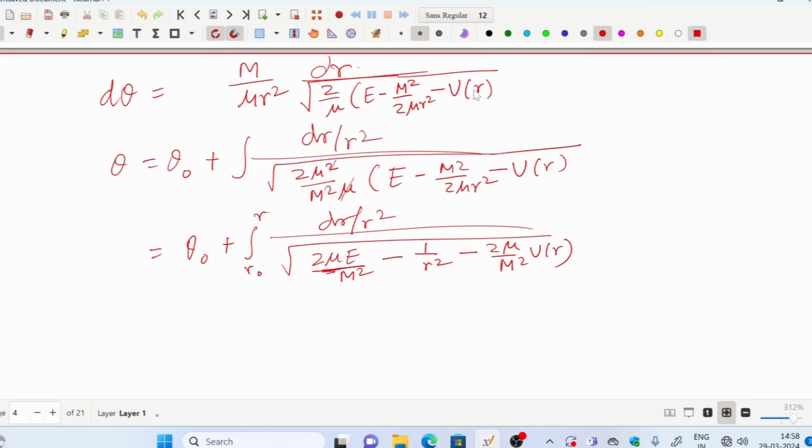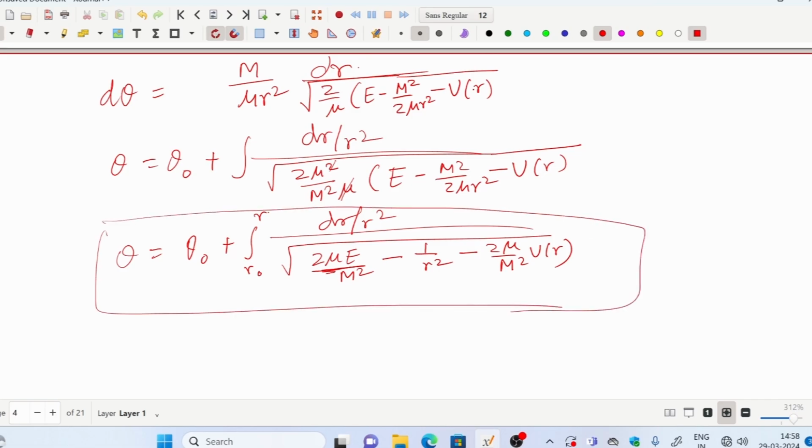Okay. So we will come back to this equation later when we discuss Kepler's problem, and the solution of this integration will give you the solution to the central force problem.